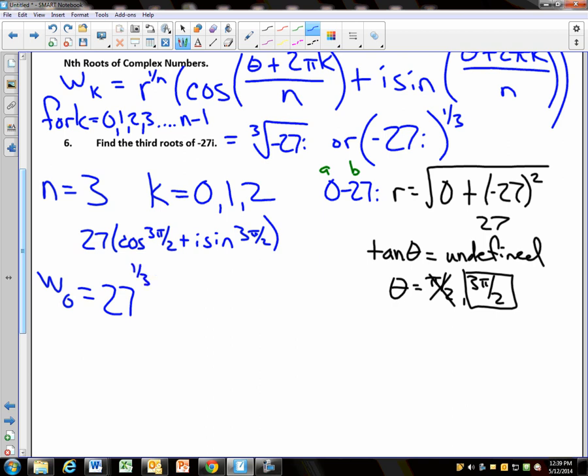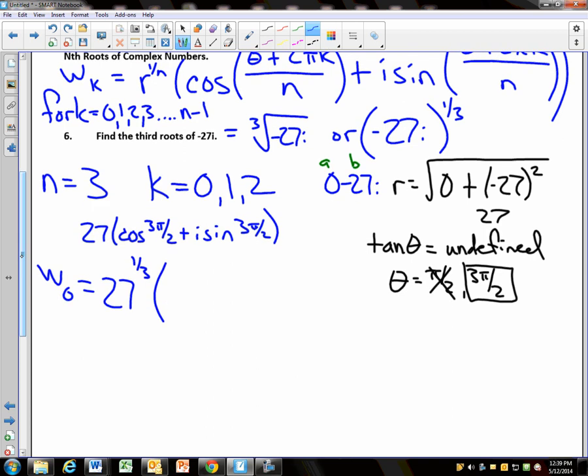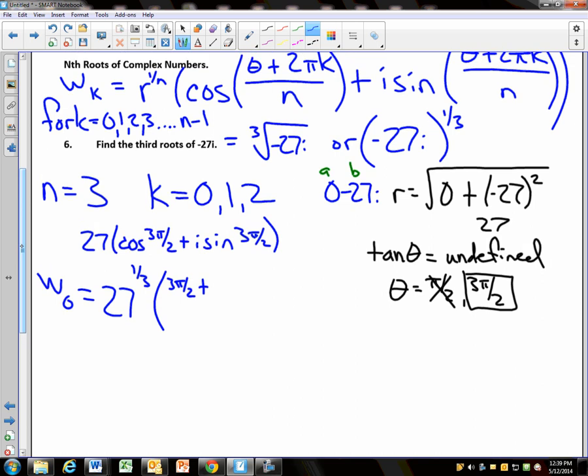So we take it to the 1/3 power times, what's theta? 3 pi over 2 plus 2 pi k. What is our current k value? 0. What's 2 pi times 0? 0. Divided by what's n? 3.